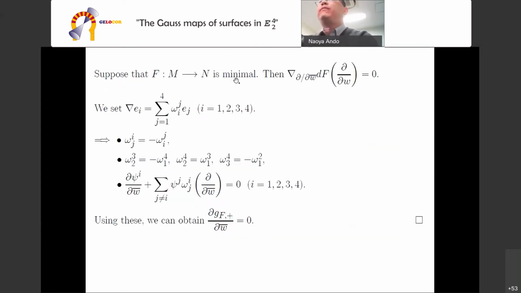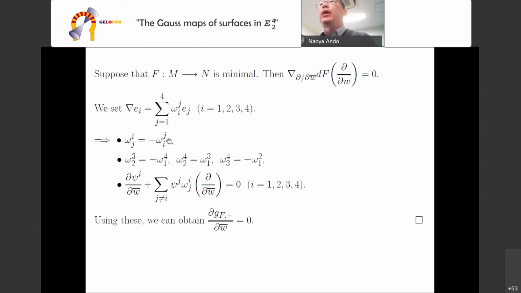Suppose that F is minimal, then we obtain this equation. Let omega_ij be the connection forms of the Levi-Civita connection with respect to frame E1, E2, E3, E4. Then we immediately obtain this relation.